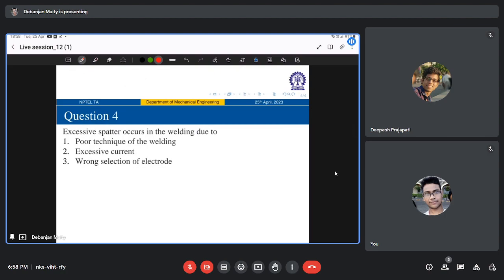Now, many times we also see that you have this excessive spatter for this question. You might have the idea that this kind of defect is caused by arc blow, which is because of wrong selection of electrodes.